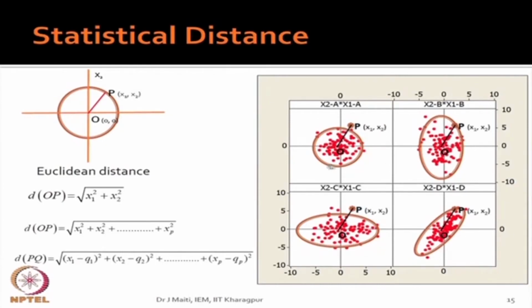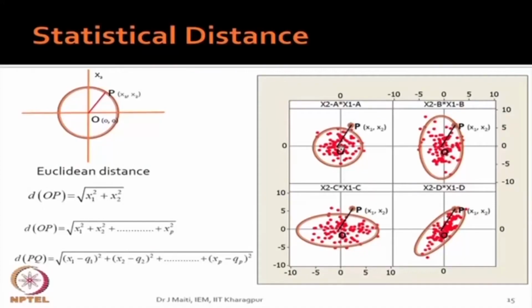Now, what can you say about the variability of x 1 and x 2 in the second quadrant? The circle is there. Variables are uncorrelated and the variance along x 1 and x 2 is the same. So, if the x 1 and x 2 variance is the same, then it will ultimately resemble a circle.